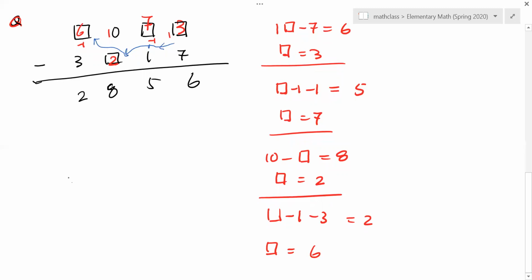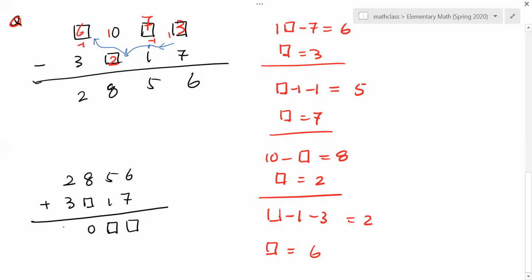So why not just use a plus, 2,856 plus, and then you get that number. It'll probably be much easier.